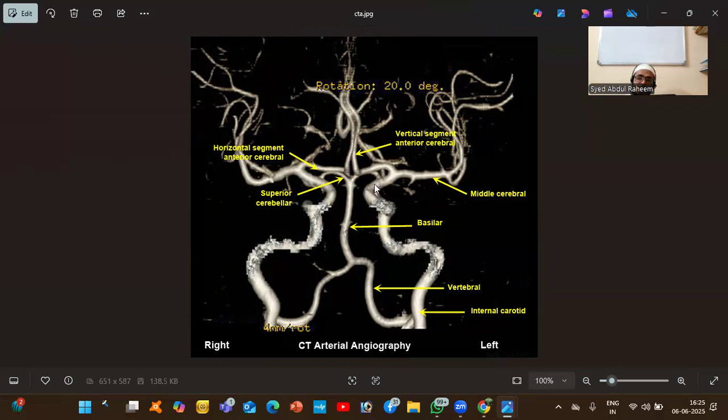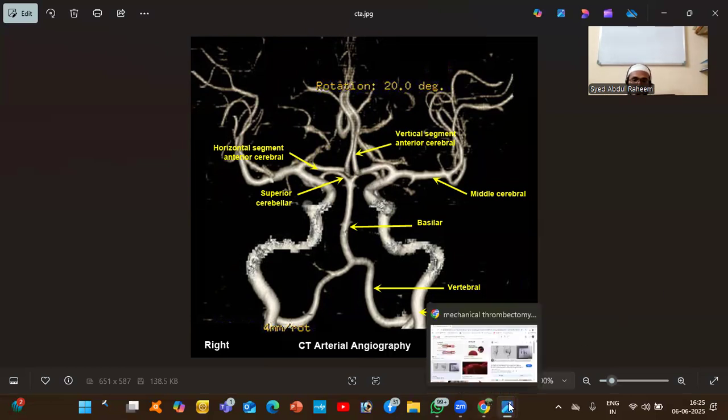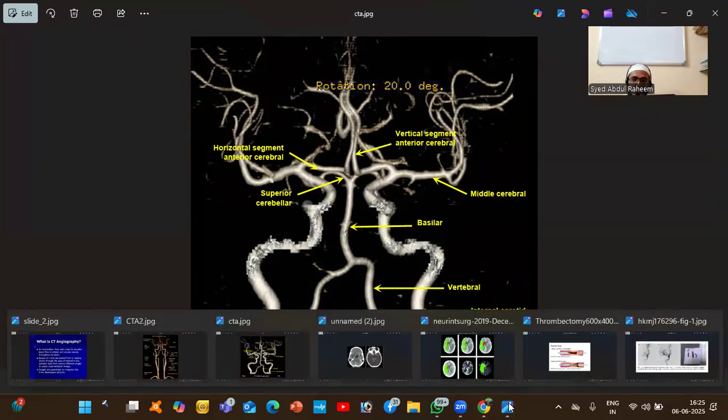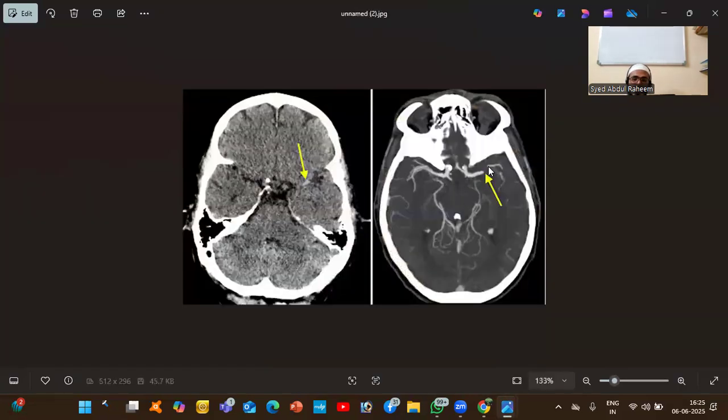So what happened? We already discussed in the previous class. Due to ischemic stroke, any embolism or thrombus, or atherosclerosis, anything can lead to blockage of those arteries. You can see another image here, the blockage of an artery in the brain. Mostly this is the MCA. You have the image of the left side and right side of the brain.